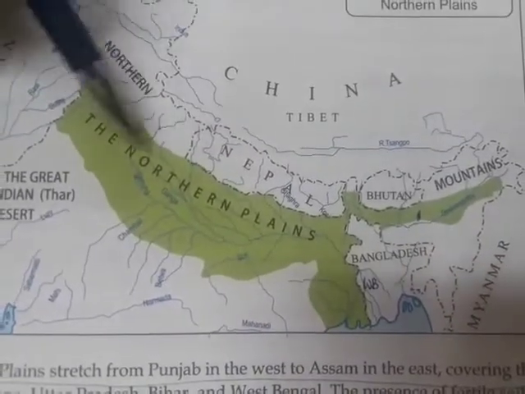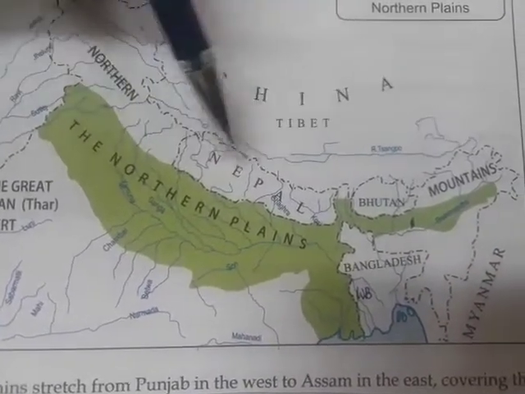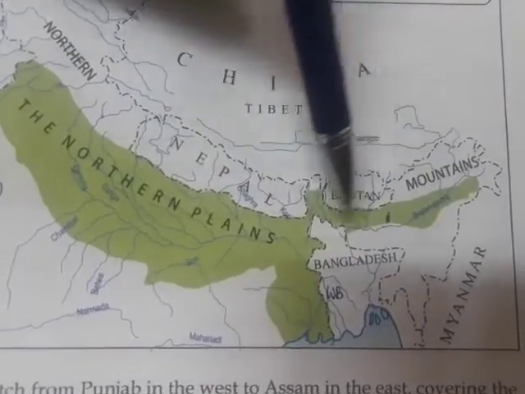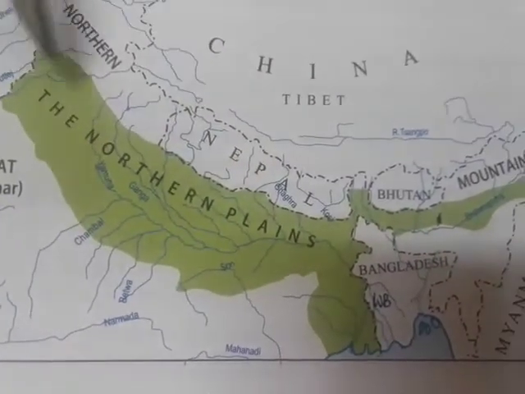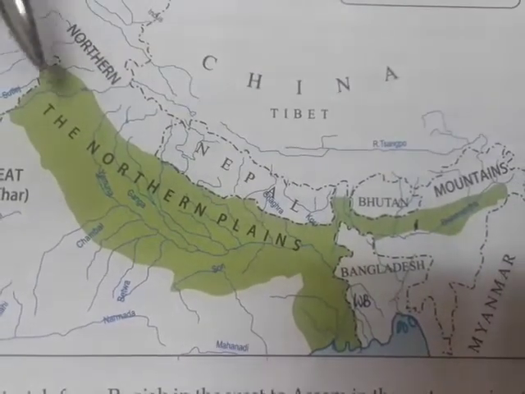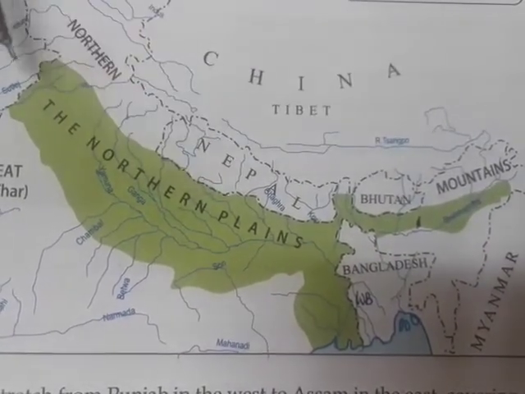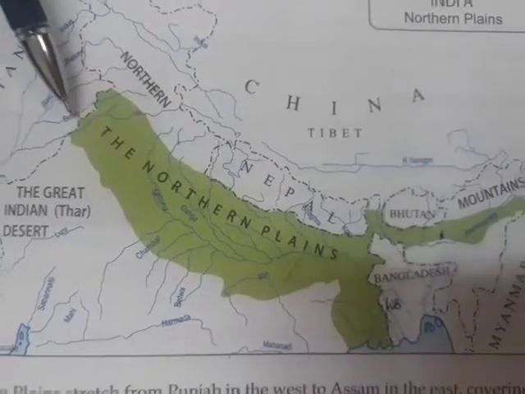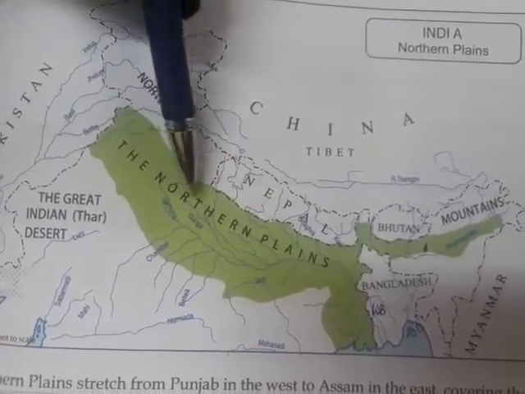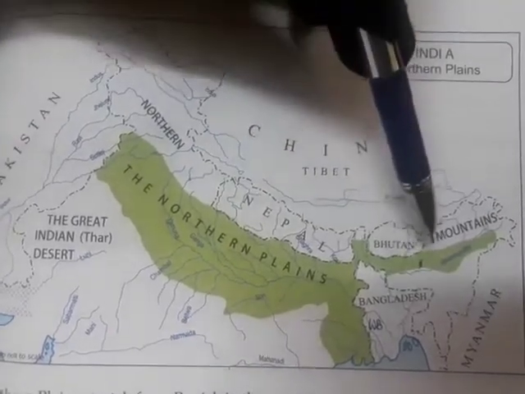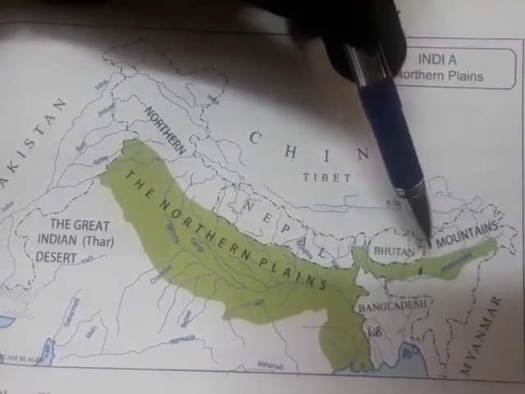Now these northern plains, which are in green color, as you can see, all this area is the northern plain. The northern plains start from Punjab in the west and go till Assam in the east.